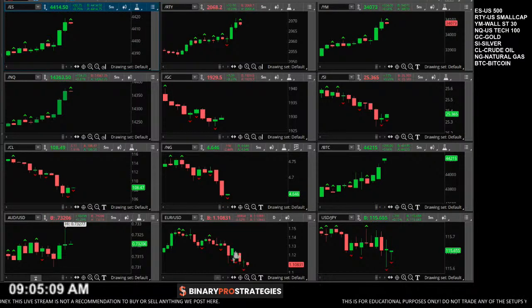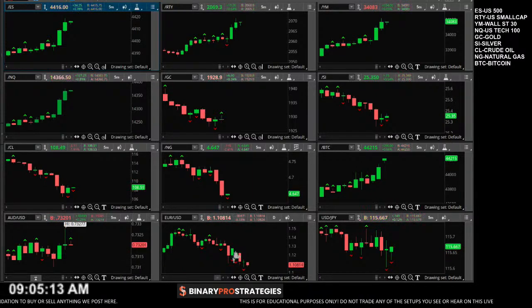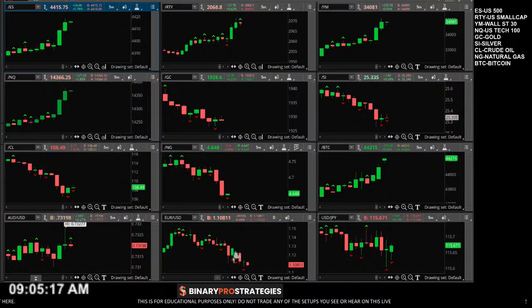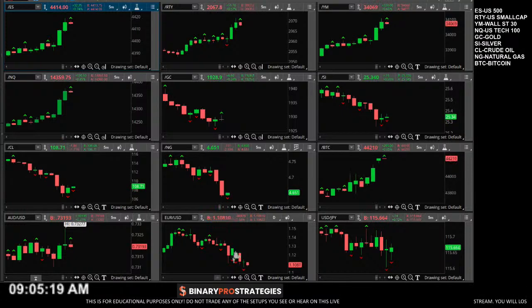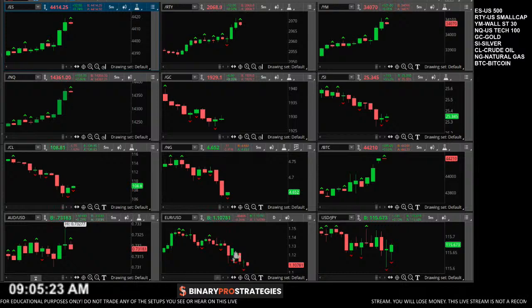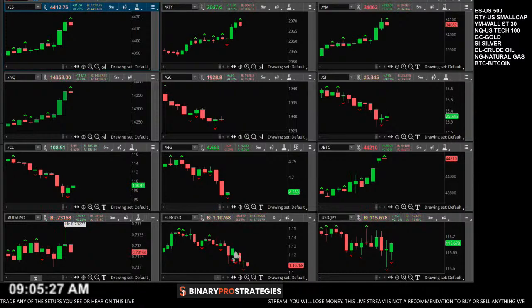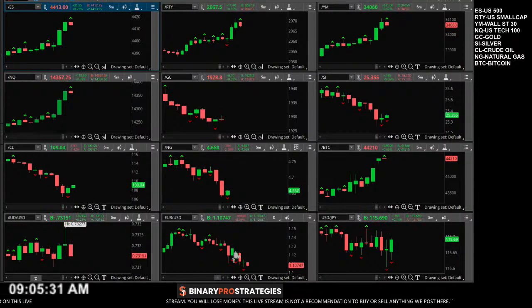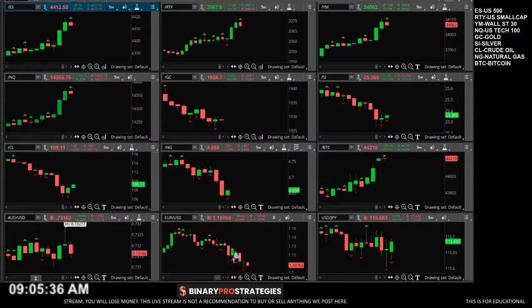Okay, profit target on the crude oil. I'm looking at the hit, 109.15. Profit target hit. Wow, it already hit its profit target, so crude oil just hit its profit target. Going to exit that.